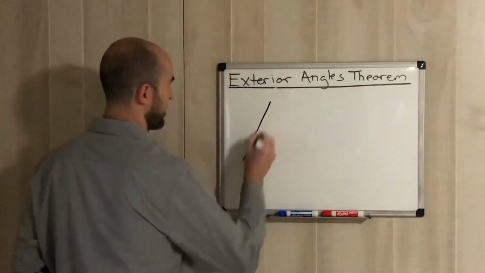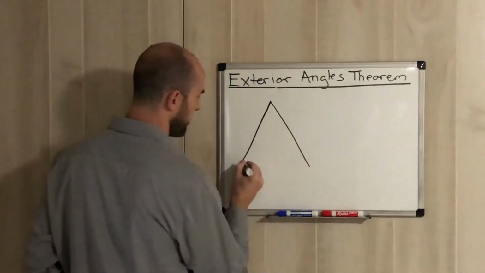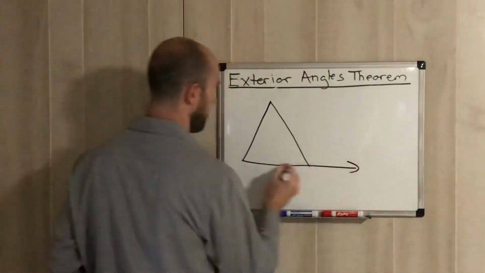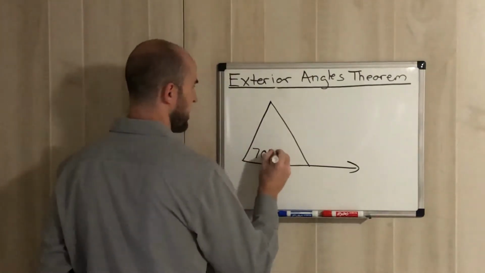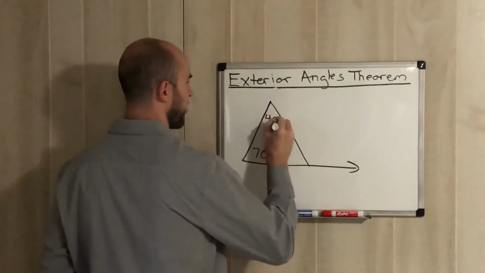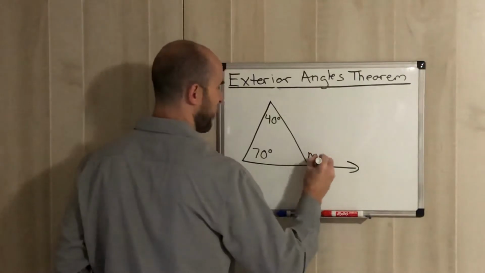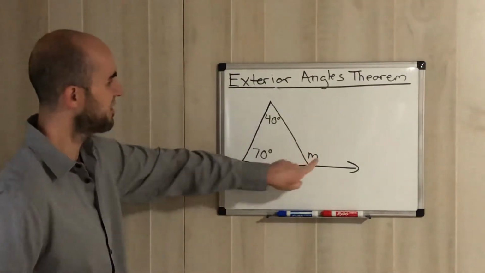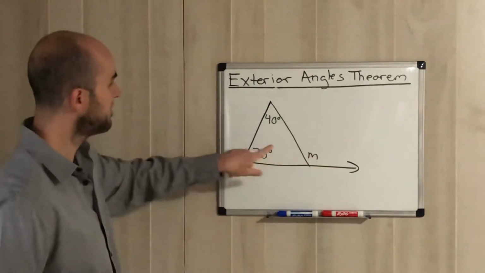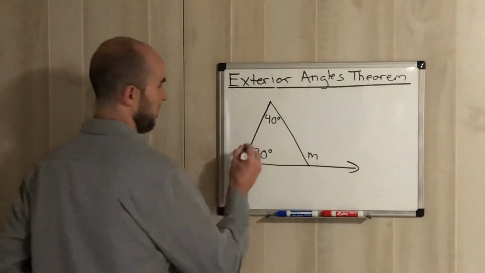So let's say, for example, again, you have a triangle that has an exterior angle right there. Let's say that this here is 70 degrees. Let's say that this one here is 40. And let's say I wanted to solve for n, right? Again, always remember, the exterior angle is always the sum of those two, right?